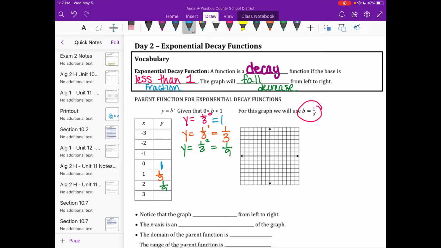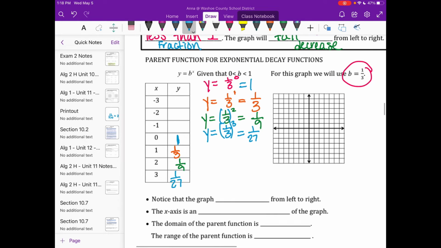And our last box, if we really wanted to do 1/3 times itself 3 times, y equals 1/3 cubed. I should have parentheses on literally all these, sorry guys. So 1/3 times 1/3 times 1/3, that is going to give me 1/27. Wow, okay.